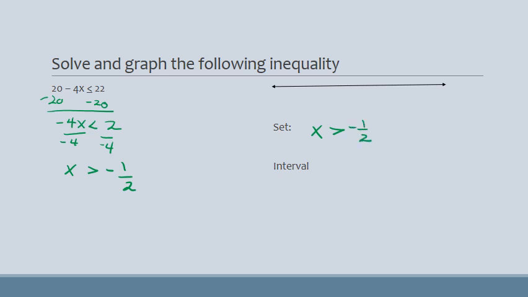In interval, it's parentheses. Oh, it's greater than or equal to. So it's going to be brackets, negative 1/2, and then positive infinity. So if you want to go 0, 1, 1/2, it's going to be a closed circle, and my arrow will go to the right.